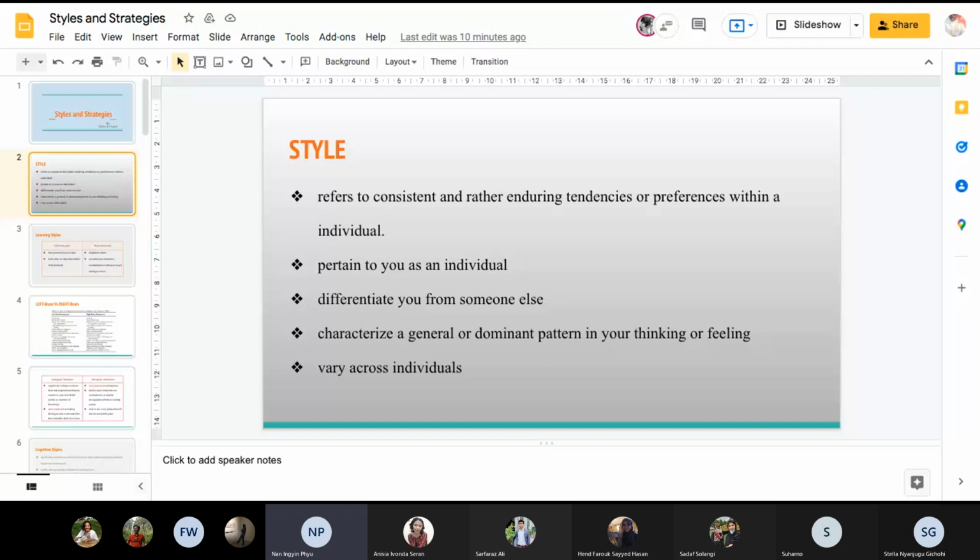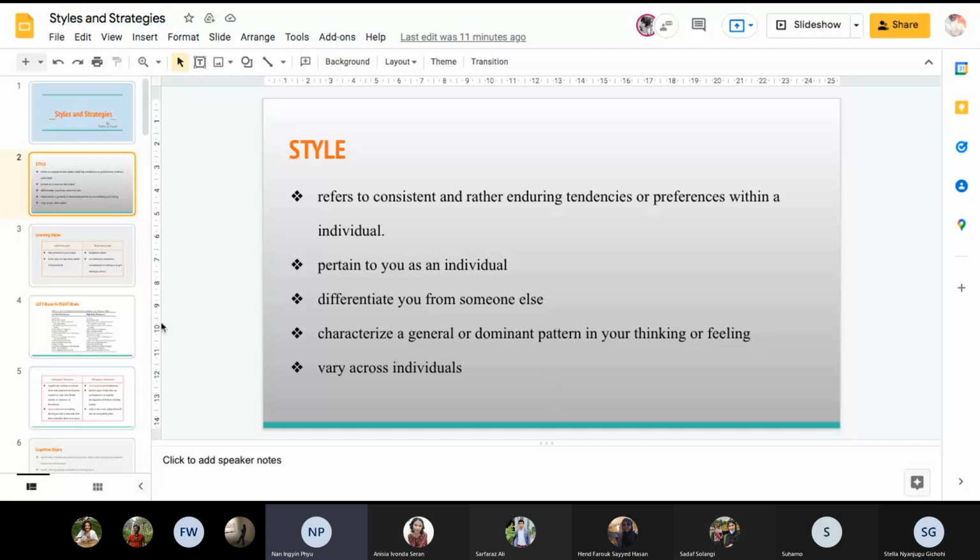The style can differentiate you from other people, and all the styles come from your feeling and your thinking. So that is how we understand style.